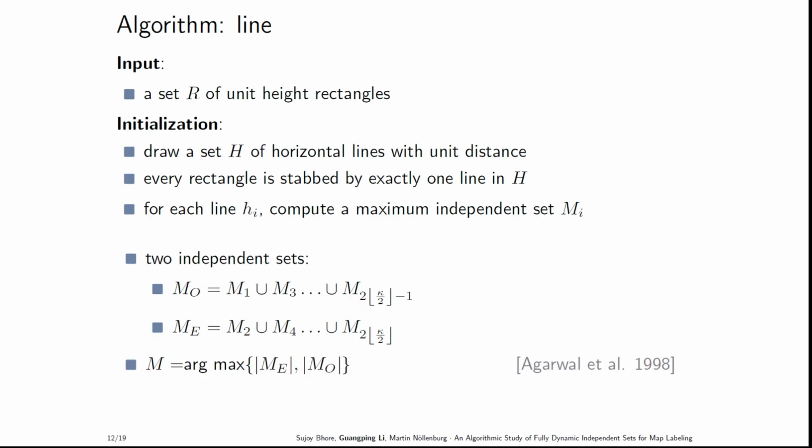Precisely, we construct 2 independent sets, M odd and M even, as the union of maximum independent sets on odd lines and on even lines. And due to the pigeonhole principle, the larger one of these 2 sets is a 2 approximate maximum independent set. So to maintain this approximation ratio 2, we need to maintain a maximum independent set for each single horizontal line.